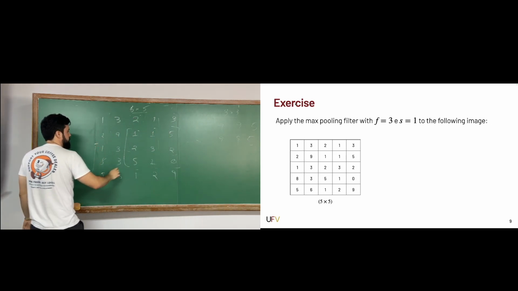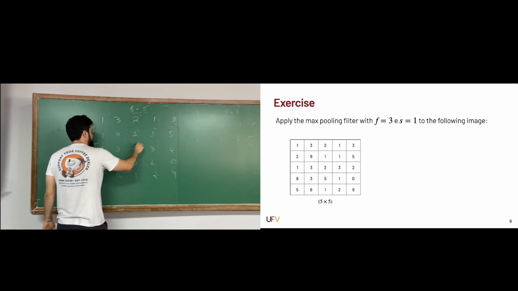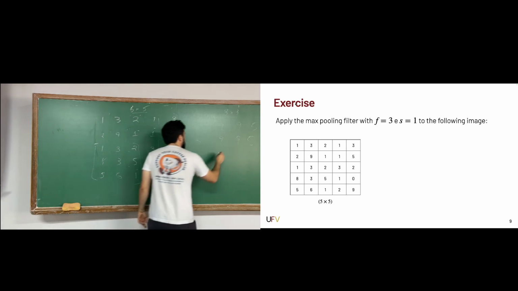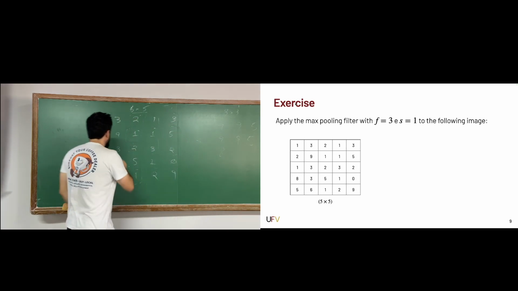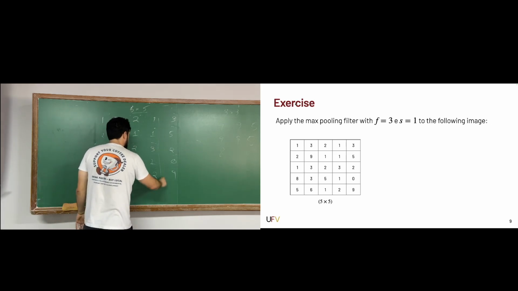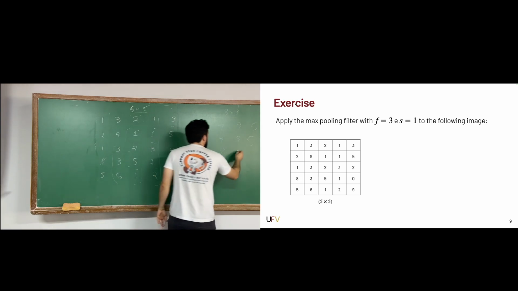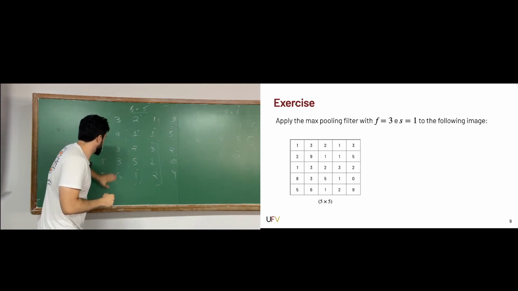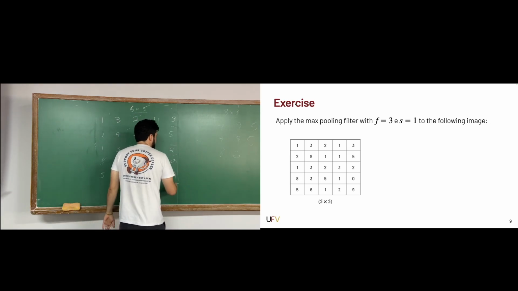And the last row: 8, 6, and 9. Right. This is very simple, right?